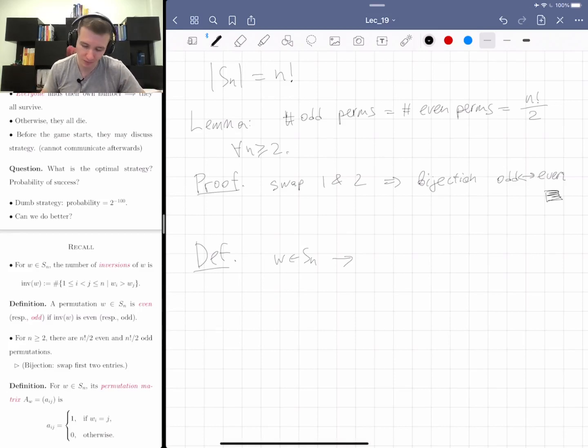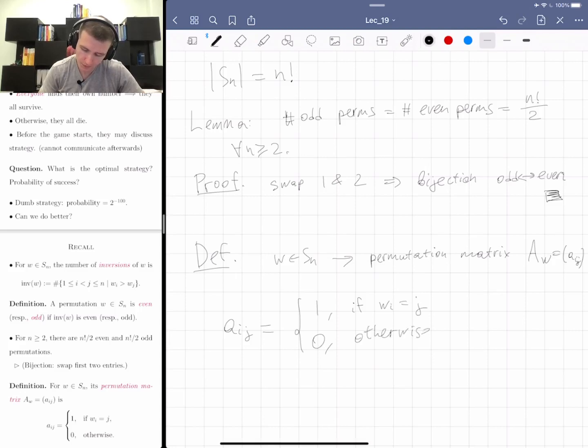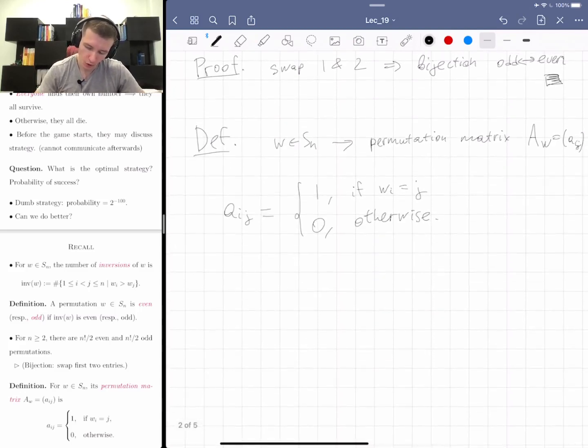But yes, that is correct. So if W is a permutation, then you can define the permutation matrix, denoted A sub W, whose ijth entry Aij is equal to 1 if Wi is equal to j, and 0 otherwise, which maybe I should try with an example.